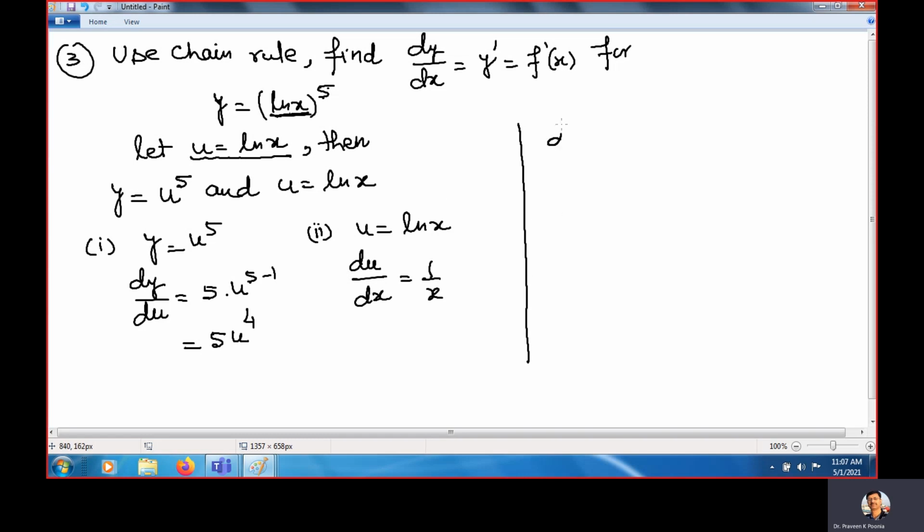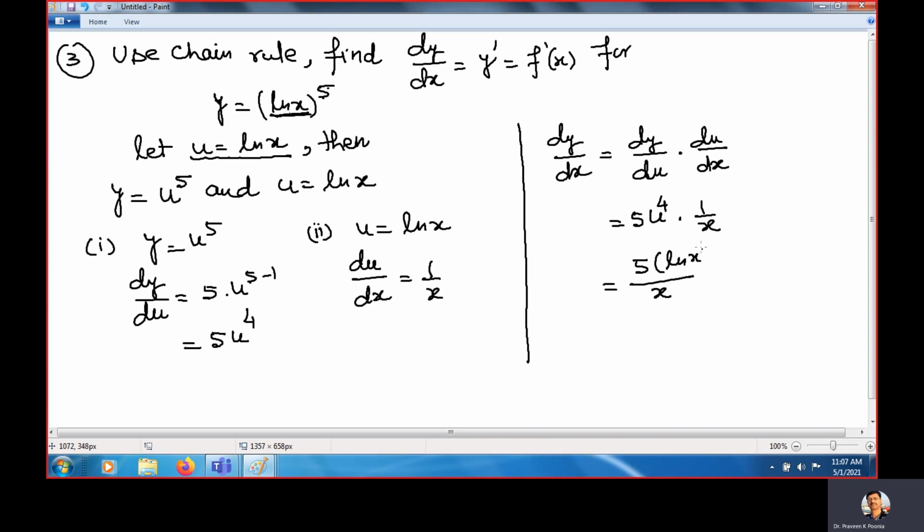What is the answer? dy by dx is equal to dy upon du into du upon dx. It is 5 u power 4 into 1 upon x. Now, as I told you in the earlier question, remove this u. So 5 (ln x) power 4 upon x.